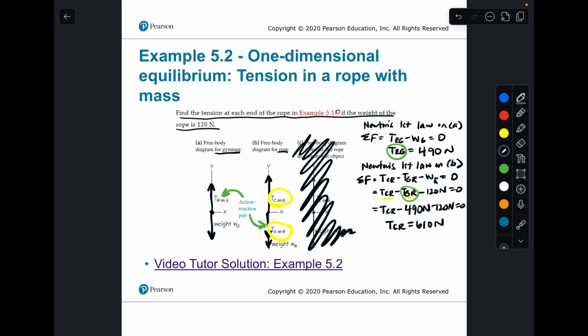So the tension at the top of the rope, which is T_CR, is 610 newtons. And then the tension at the bottom of the rope, which is T_GR, we saw was equal to 490 newtons. Okay?